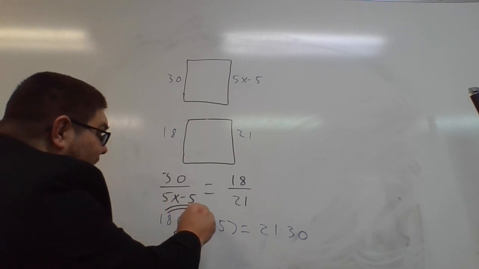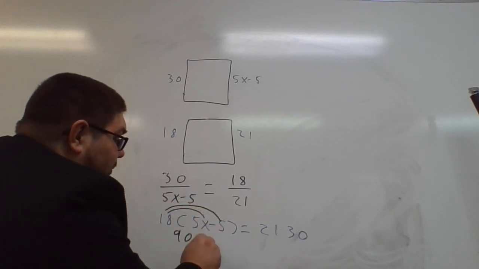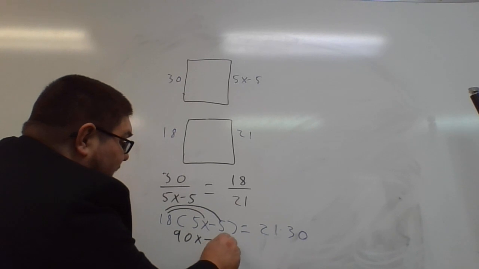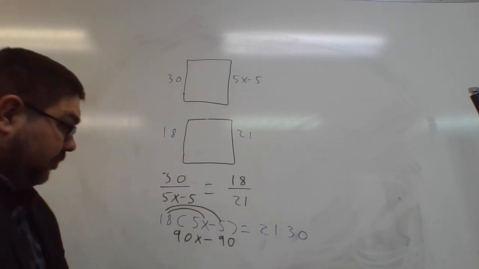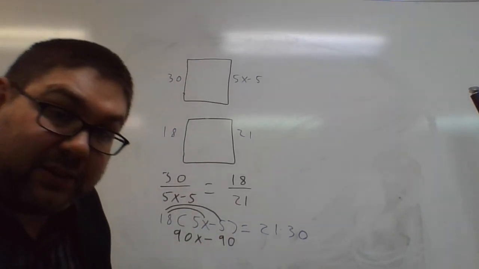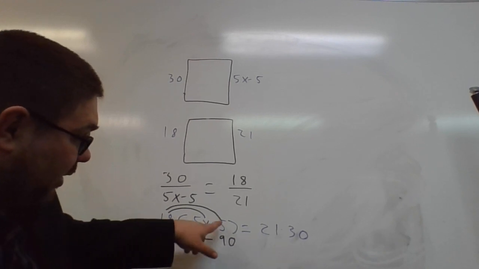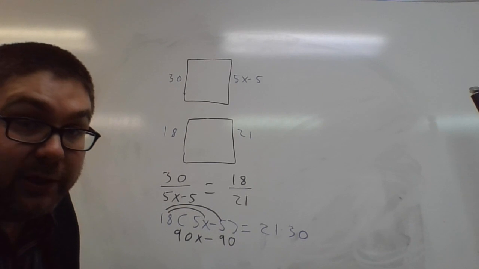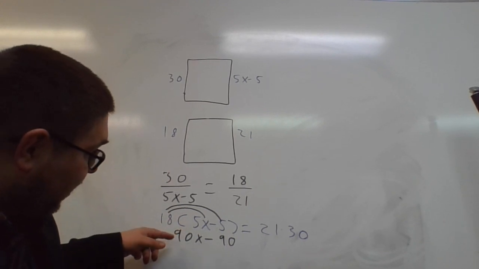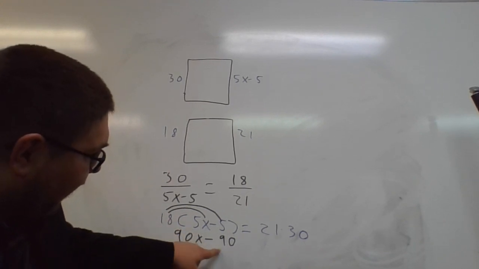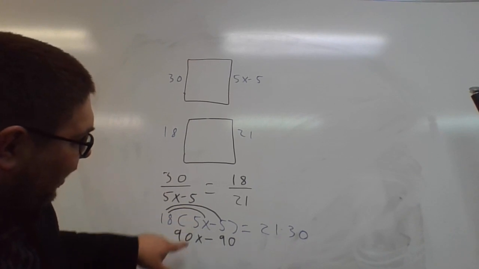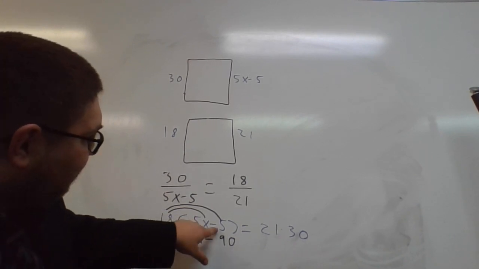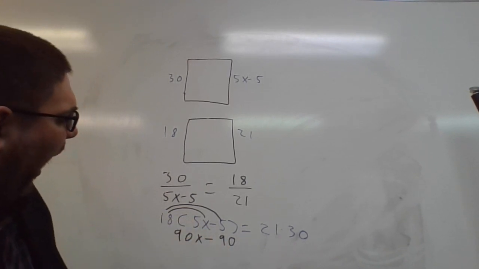Secondly, I'm going to do 18 times 5, and I get 90. The nice thing about this, if you use a calculator, you only need to put it in once. 18 times 5 is always 90. But 18 times 5x is 90x. 18 times 5 is 90.